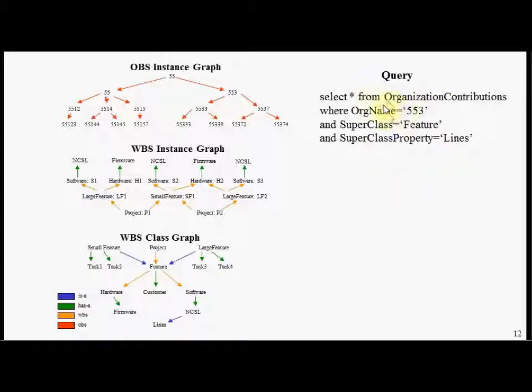What do we need to do to this query to incorporate that kind of logic? And the answer is absolutely nothing. The only thing we need to do is put a connection between the notion of firmware and lines to indicate that firmware is a kind of lines. This type of query is what's called a polymorphic query. And the beauty of this kind of query is it allows you to make changes here and never have to make modifications to the original queries at all.